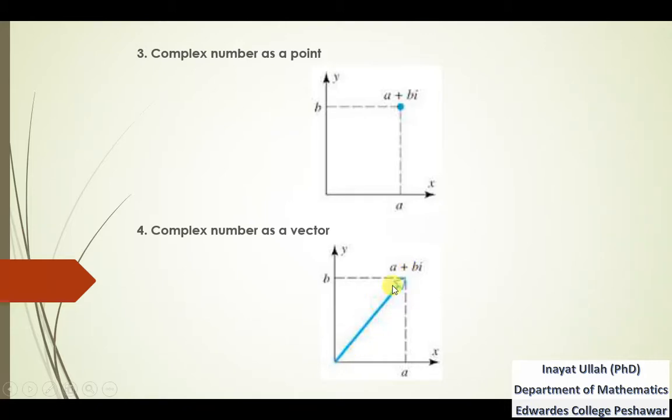So this vector is actually a plus b iota. It means that the component of this vector along the x-axis is a, and the component along the y-axis is b. So that is a complex number as a vector.